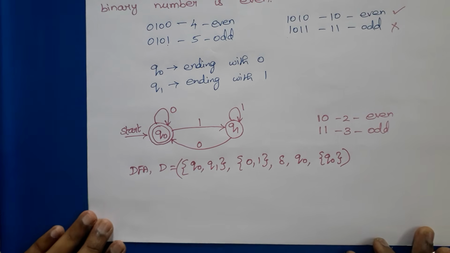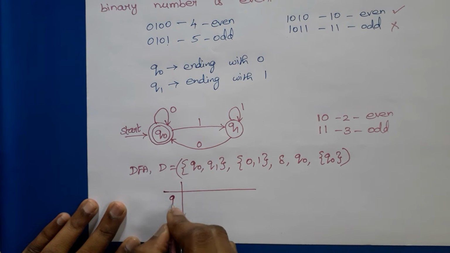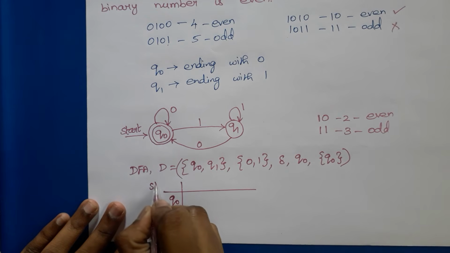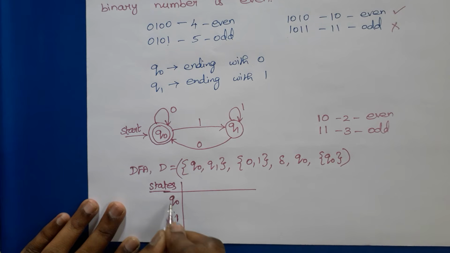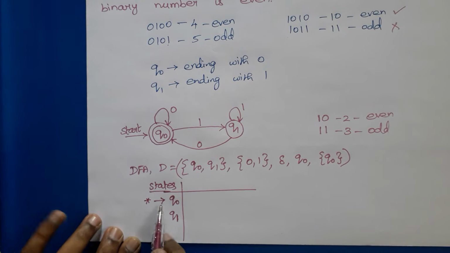We can also represent it as a table. A table means all the rows correspond to the states. Here there are two states, Q0 and Q1. Q0 is a start state as well as a final state. The start state is represented by an arrow and the final state is represented by a star, so both are pointing to Q0.